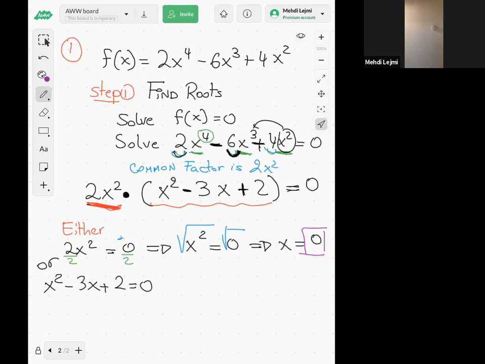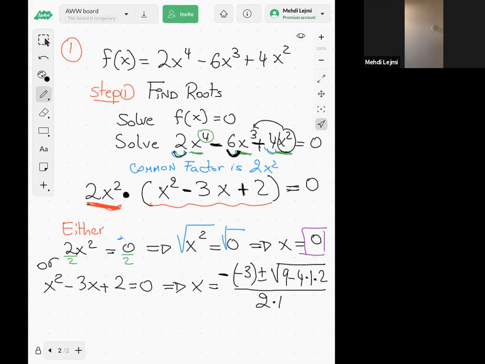Now, what about the second factor, x squared minus 3x plus 2 equals 0? Well, that's a quadratic equation, right? So we can use the quadratic formula. Then your x is minus b, so minus negative 3, plus or minus the square root of b squared, negative 3 squared, that would be 9, minus 4 times a, which is 1, times c, which is 2, over 2a.